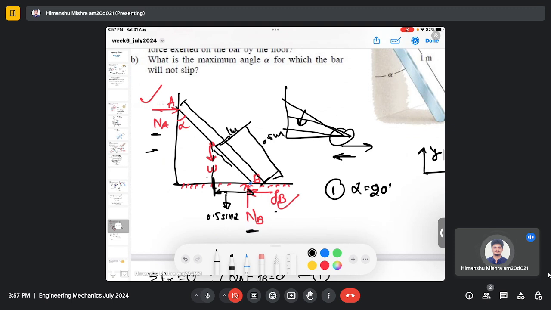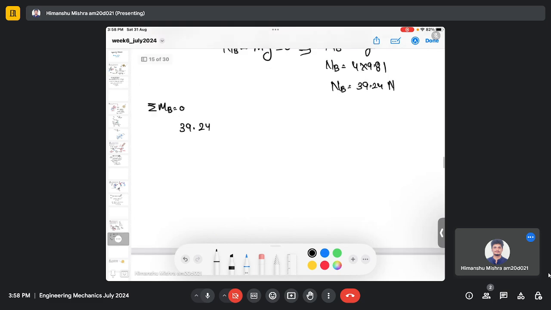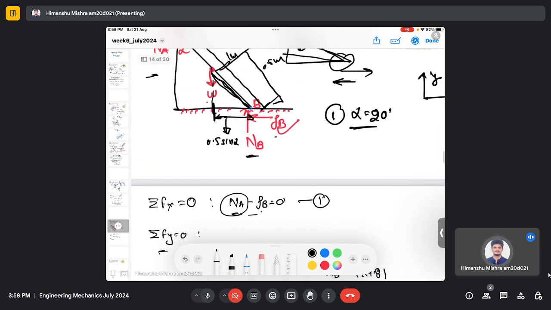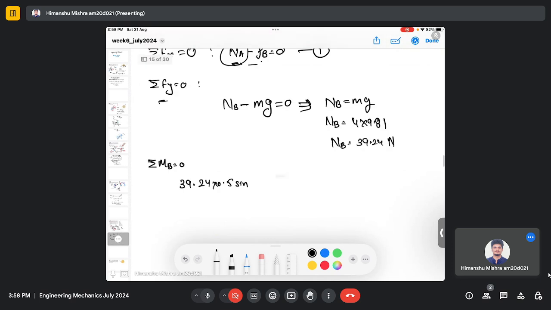Because this is 0.5. So 0.5 sine alpha, and we have been given in the first part that alpha is 20, minus NA.